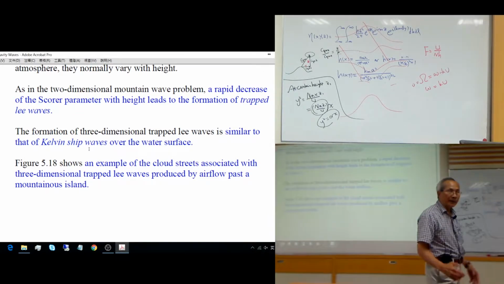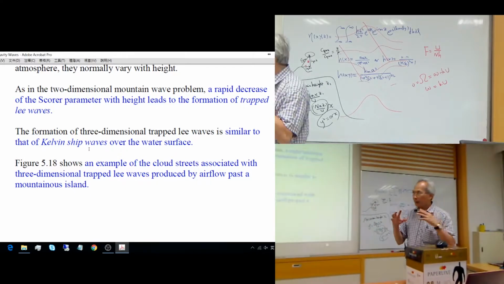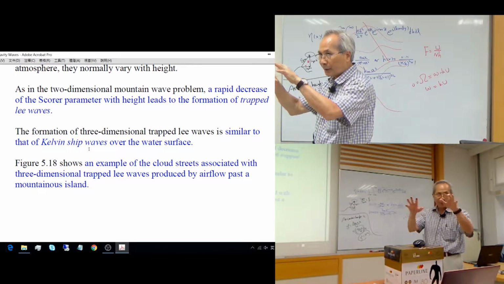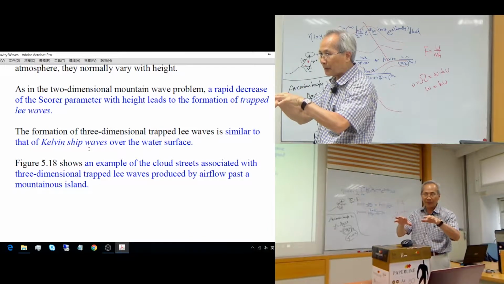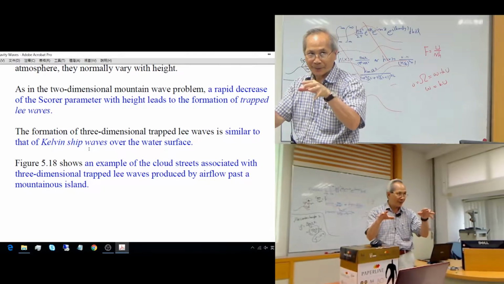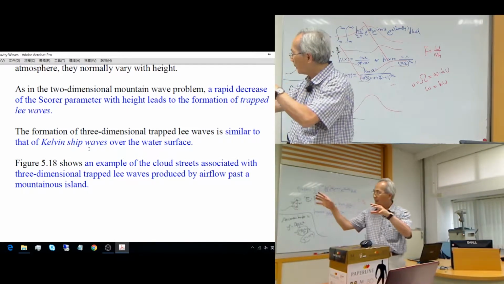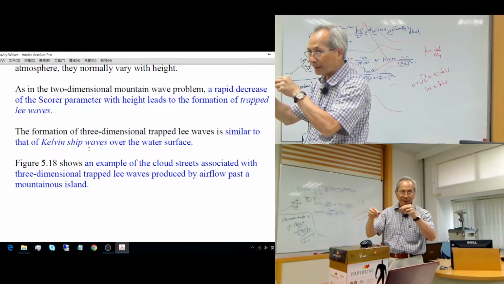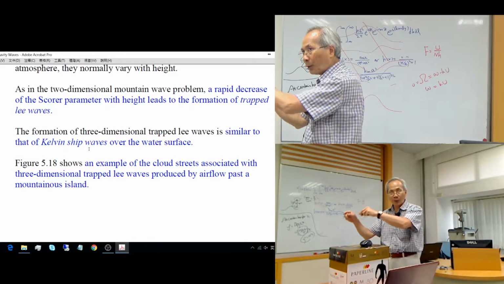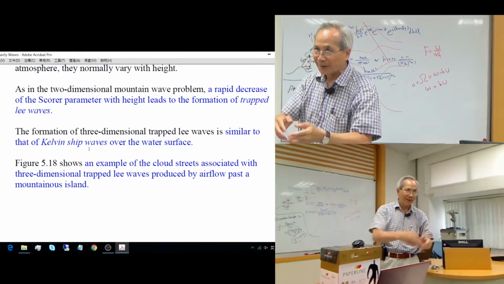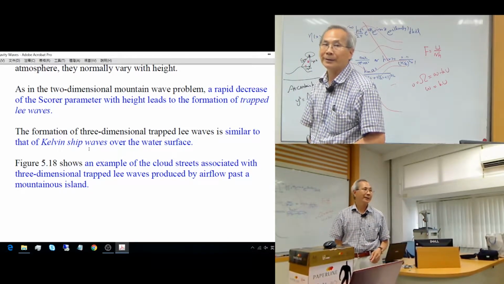But at least I give you the concepts, so when you see phenomena or flow patterns from your observations or numerical simulations, you know how to interpret them and where to go in the theories to explain the phenomena.